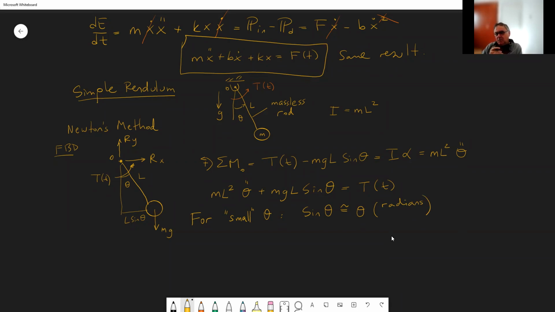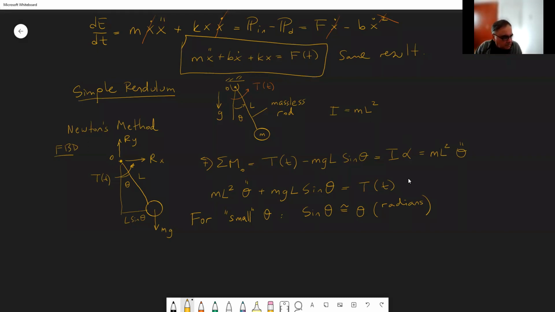Well, almost up to 30 degrees, sine theta is close to theta. Sine 30 is 1/2. And 30 degrees is close to 1/2 radians. A little bit less, but it's very close. Up to that, it is okay.